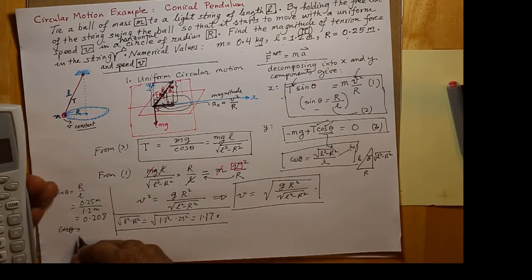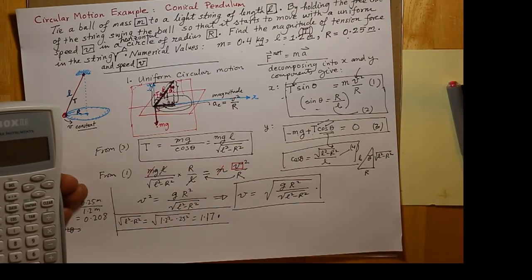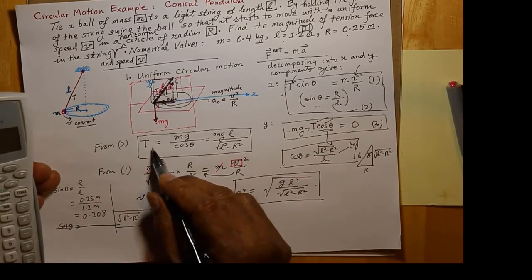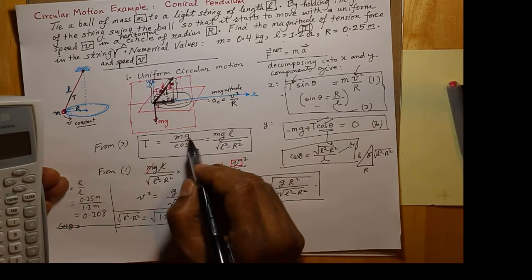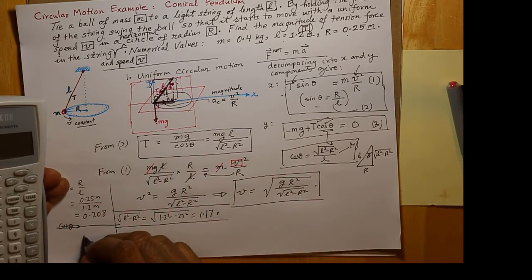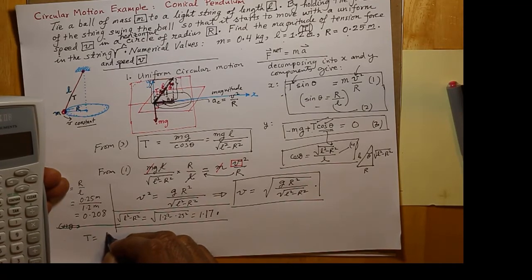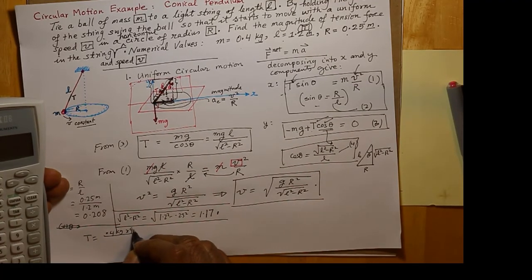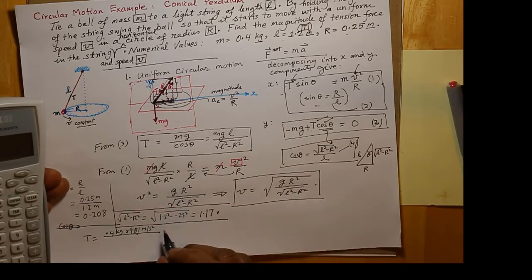So I got that, sine theta is that, and then we have T is mg over cosine theta. So T is going to be, mass is 0.4 kilogram and 9.81 meter per second squared, divided by cosine theta.